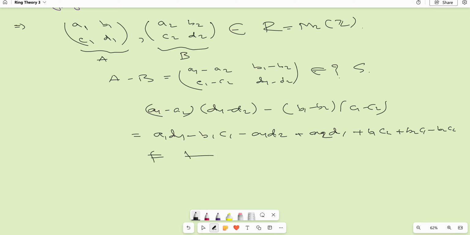So this element is not lying in S. This is the first condition: a minus b is not inside S. So by default this is not a subring. The second property you don't need to check because the first property is violated.